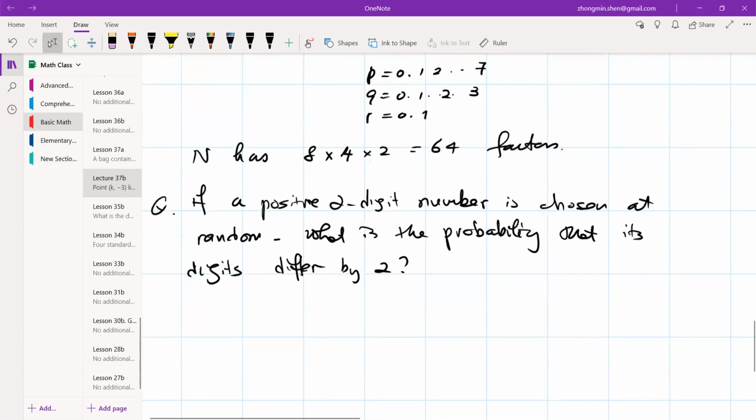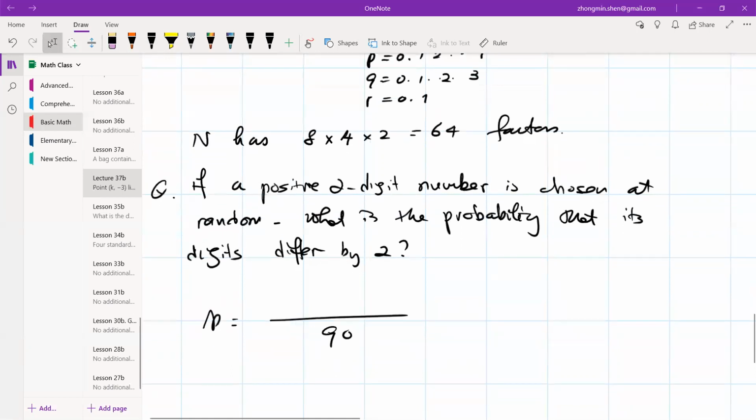The denominator is the number of all possible outcomes when you pick. So you just need to count how many 2-digit numbers there are. 90, because from 10 to 99 there are 90 numbers. Everybody knows that.